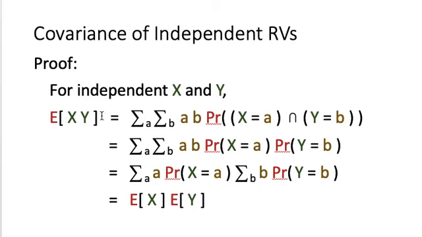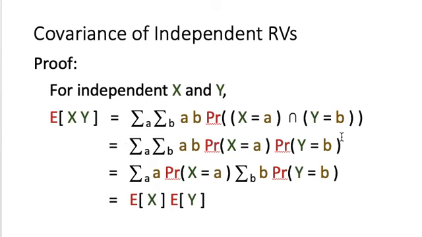So E[xy] is equal to the summation over a, summation over b, of ab times the probability that x is equal to a and y is equal to b. Now, the good thing about independent random variables is that the probability of x equal to a intersect y equal to b is the same as the probability of x equal to a times the probability of y equal to b.